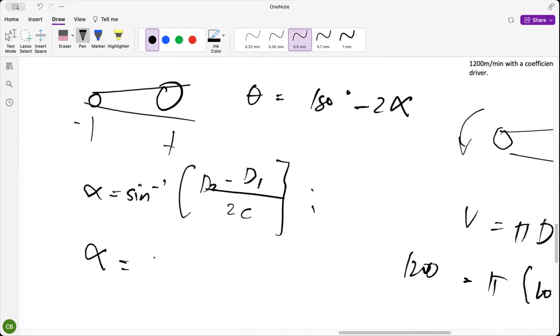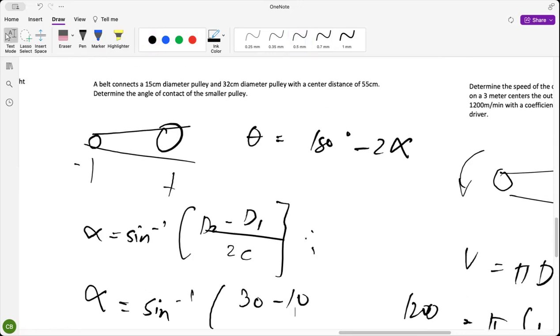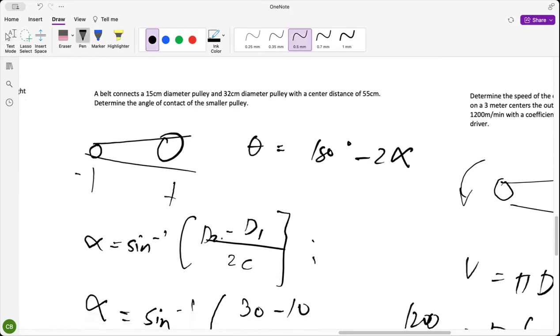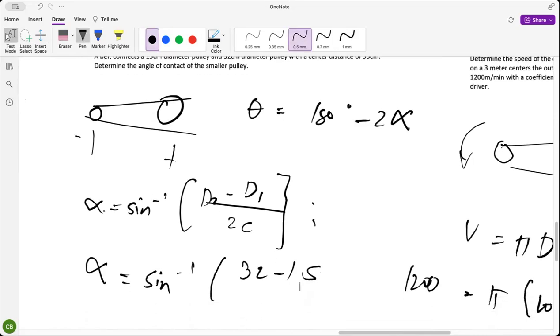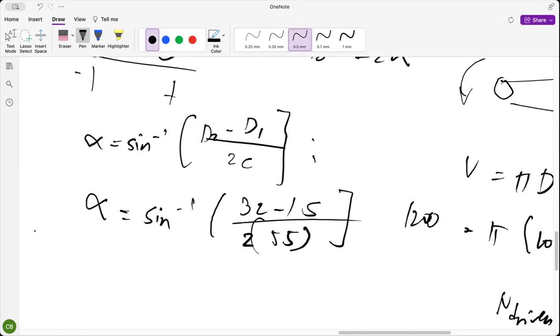Or you have another formula, sine inverse 32 minus 15 over 2 times 55, with a center distance of 55. Okay, let's get the alpha.